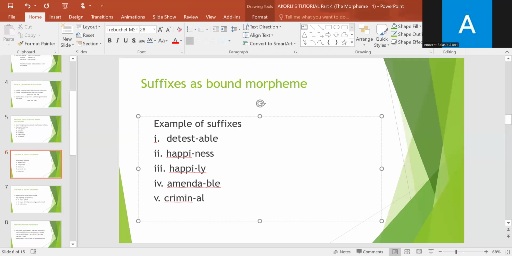Happily, the ly is added to happy to form happily. Amend, able is added to amend to get amendable.